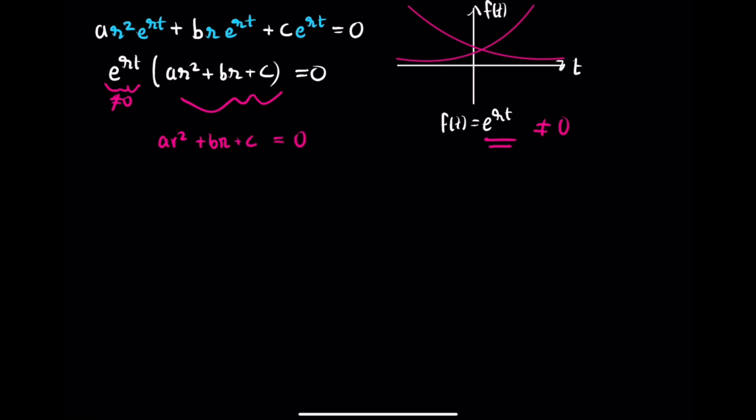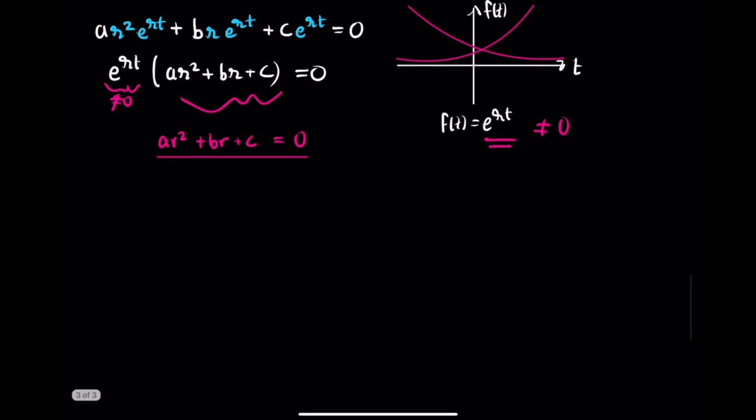And in fact, this is going to lead to 3 different cases. We're going to have to deal with 3 different cases, and that's because of the quadratic formula. Recall that we're going to have to use the quadratic formula to solve this.